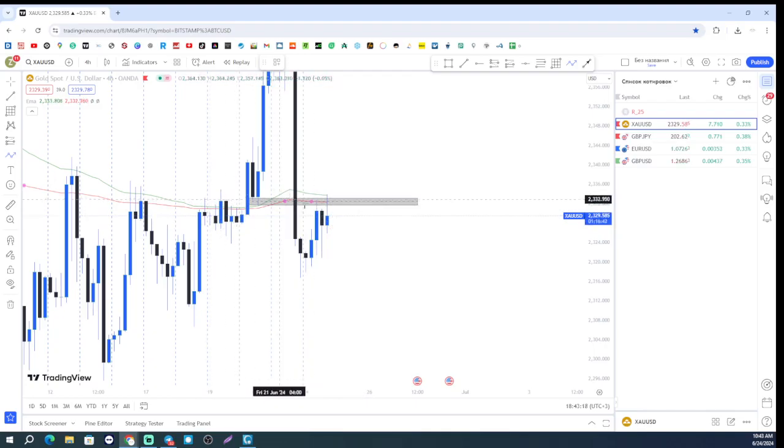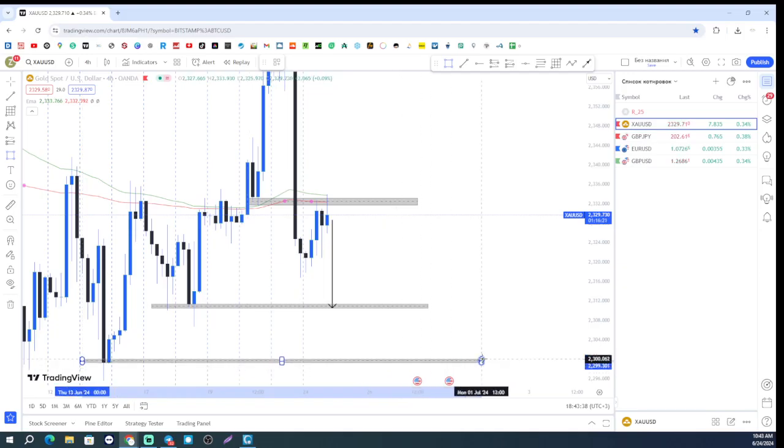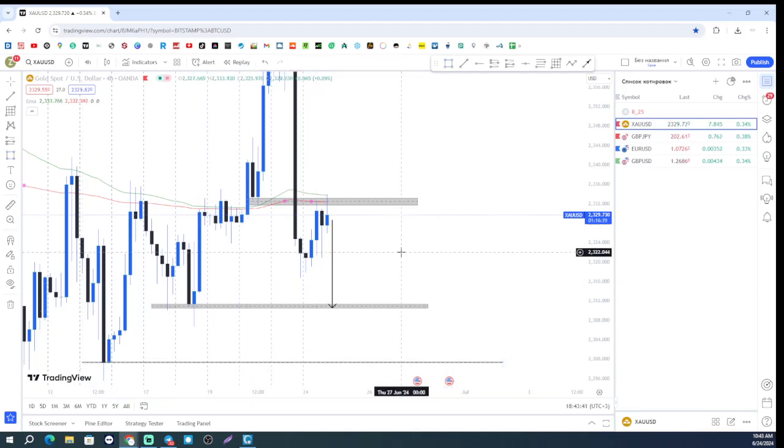We do see some rejection here, but at the same time, if we see a beautiful bearish engulfing, then I'm going to look to take the price down, where it's very simple. We go here as support, and then we go here as support. Those are very simple trades. That's what I'm going to expect.